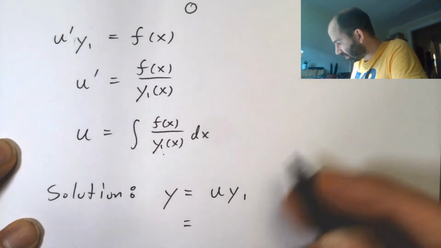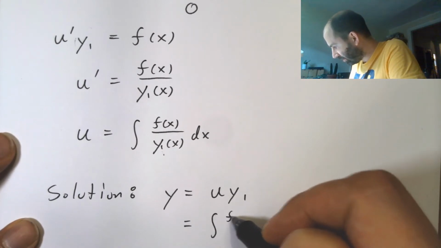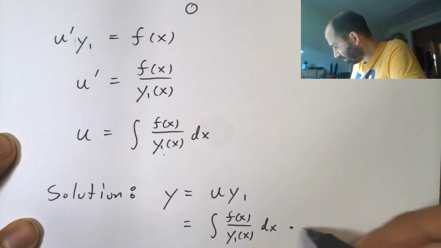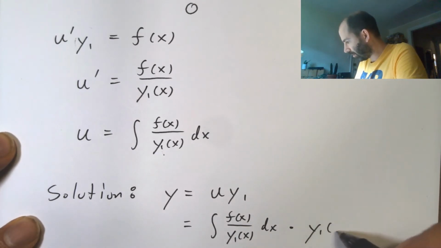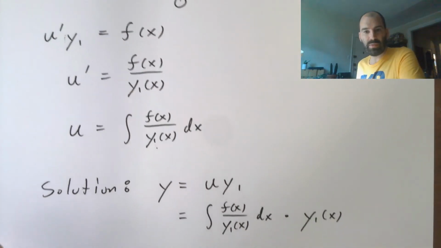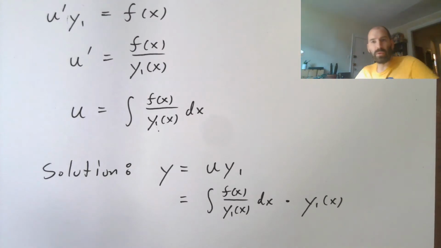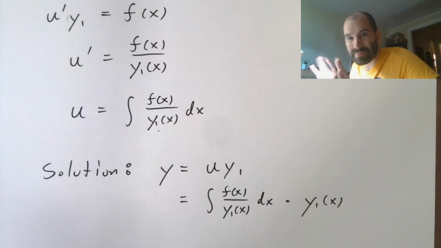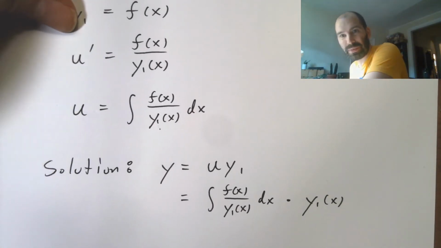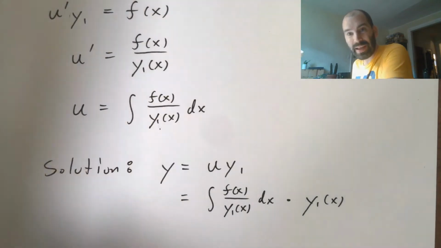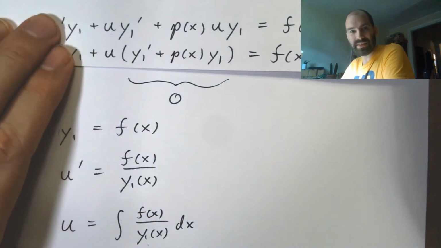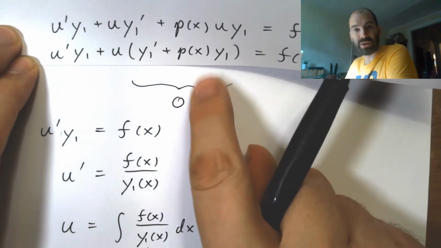But u is just this. It's the integral multiplied by y1 of x. So that's how we're going to solve this differential equation. It's a trick. It's not obvious at the beginning that it would work, but we can see that it pans out. And the key to that working was that it makes this term 0 over here.